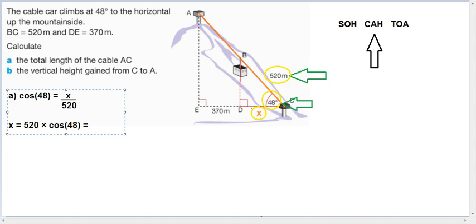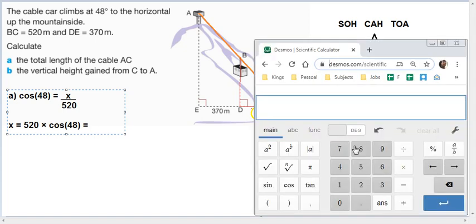So let me open mine, as you can see here. Don't forget, it must be in degrees, not radians. And let's go. 520 times the cosine of 48. Okay, so we can see that the side is 347.94.